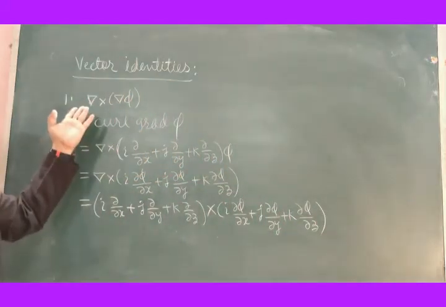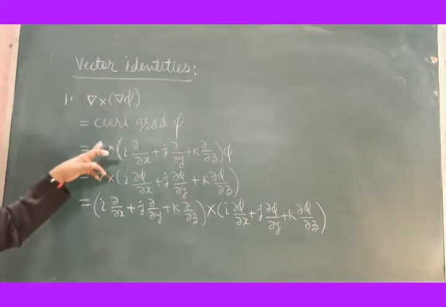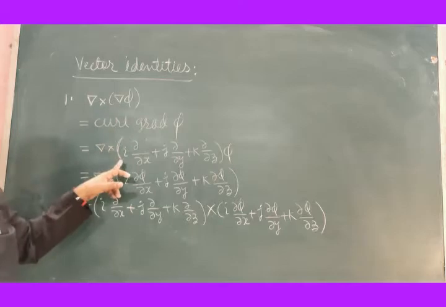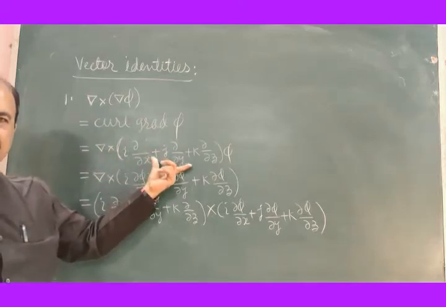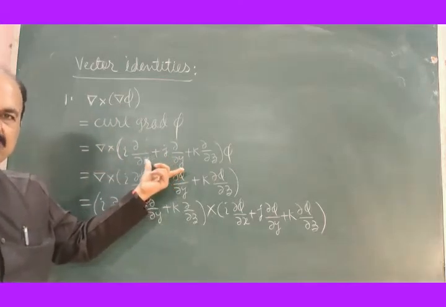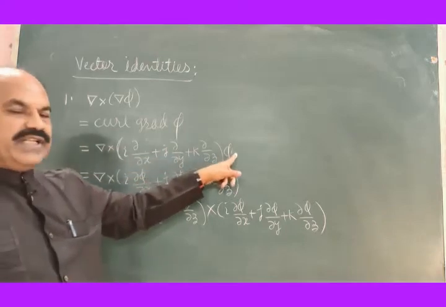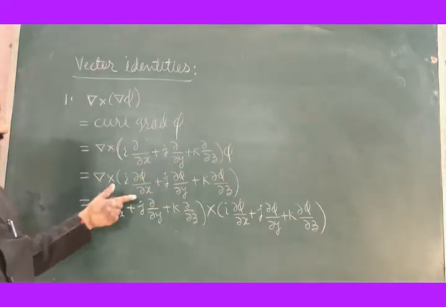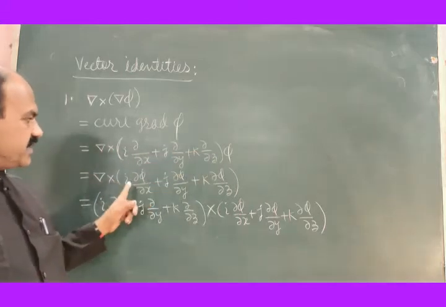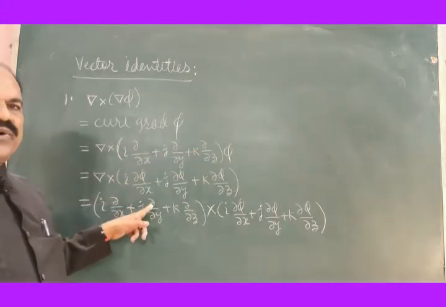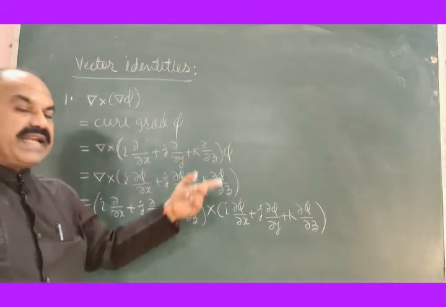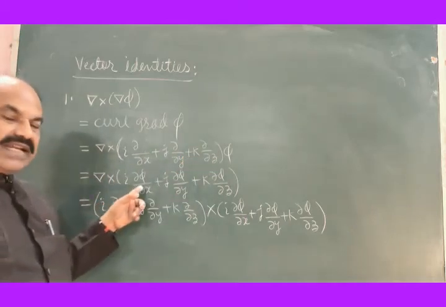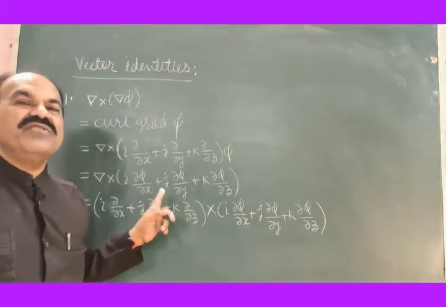What you have done? Del cross del phi: del is written as it is, and for this del, this bracket is written, which is the 3-dimensional vector differential operator, into phi. That is nothing but del cross, and this is written as i dou phi by dou x. It is the gradient of a scalar point function. And what is the gradient of a scalar point function phi?